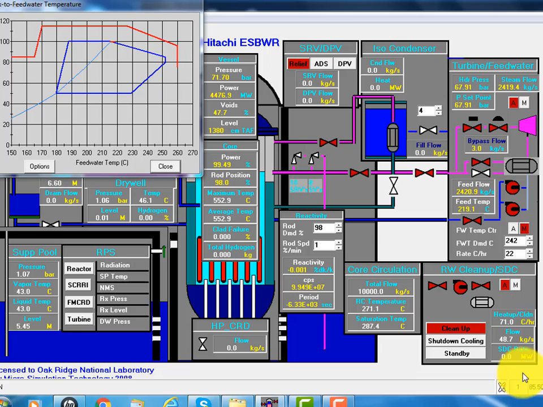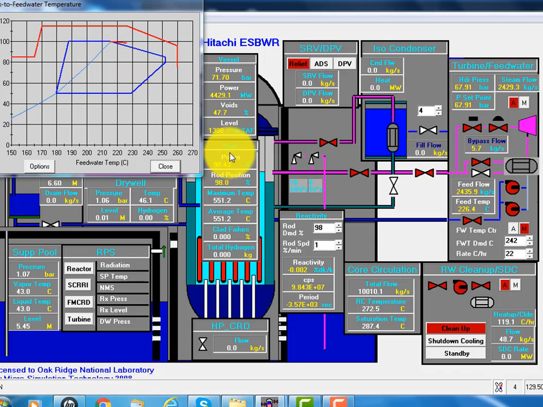The simulation is now in 1-to-1 real time. Let's speed it up a little, 4 times faster. You see the red point, power will be going down.